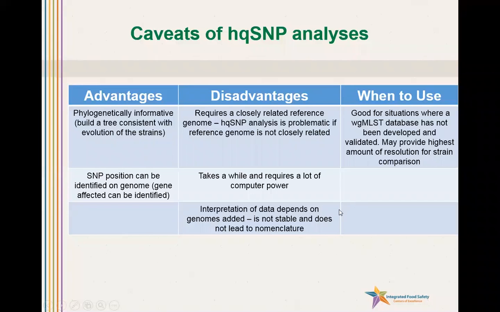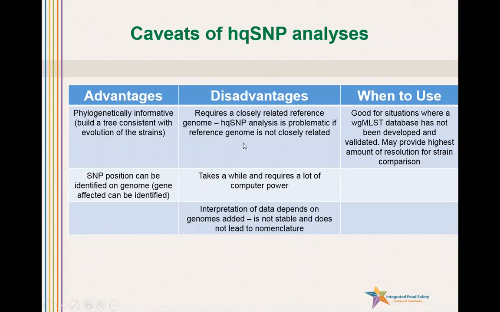So if we summarize high-quality SNP analysis, the advantages of these analyses are that they provide phylogenetically informative information, so they are consistent with the evolution of these organisms that we look at. As a disadvantage, it requires a closely referenced genome, so a genome that we sequence very well, where we have a considerable amount of information to provide the high-quality SNP analysis.